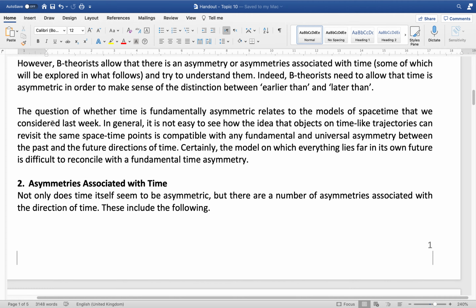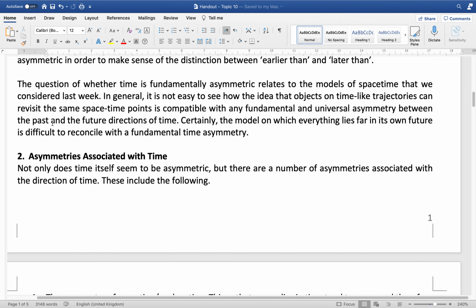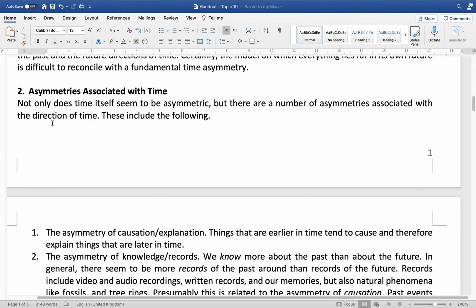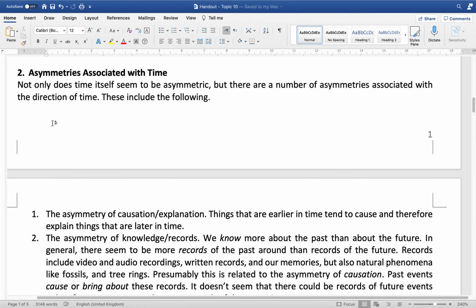Okay, so let's assume that we think that there is an asymmetry of time. We're prepared to get on board with that, at least in our universe. We don't have to necessarily commit to there being the same sort of asymmetry in all possible worlds, but in ours, it seems that there is.